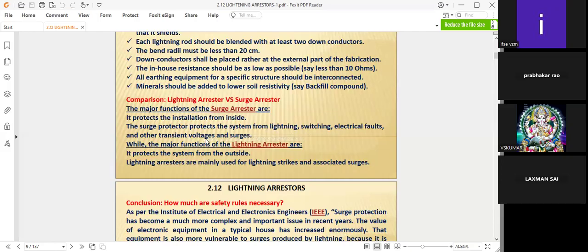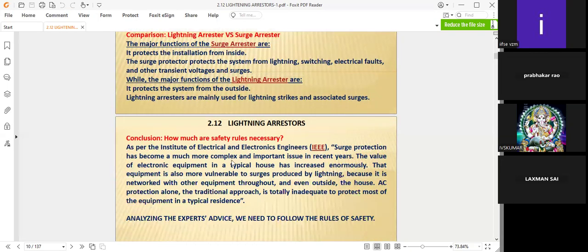As per the Institute of Electrical and Electronics Engineers, IEEE, and others, such protection depends on the nation's interest. It has become a much more complex and important issue in recent years.